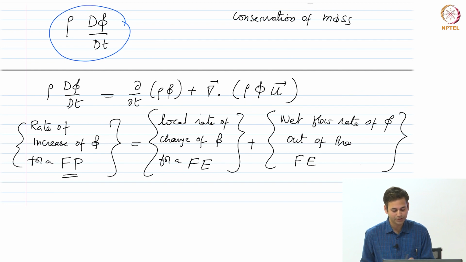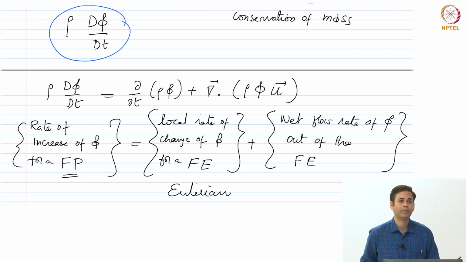Okay. So, essentially we have considered a fluid element on the right hand side which is an Eulerian approach, and on the left hand side what we have is a rate of change of phi as we follow the fluid particle. So, this is Lagrangian approach. Okay.